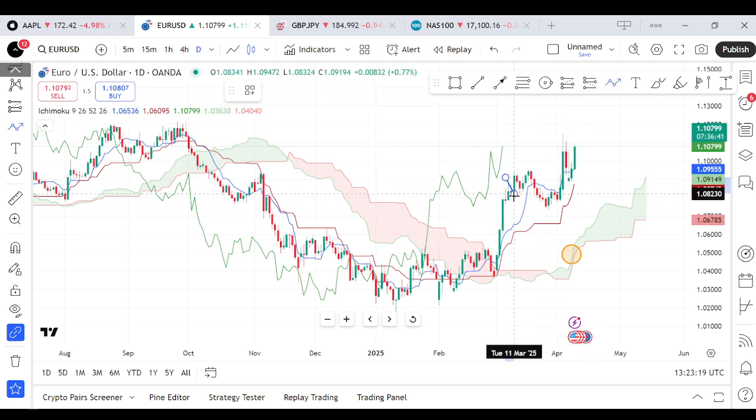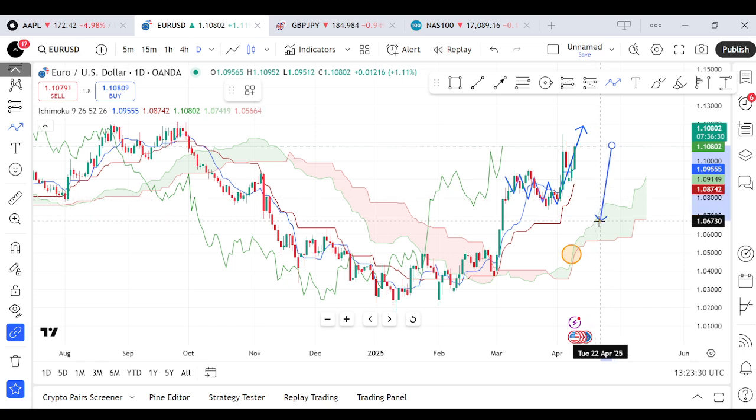The trend is not strong enough. When the cloud is thicker and fatter, it represents a stronger support or resistance zone, unlike thinner clouds like this one.